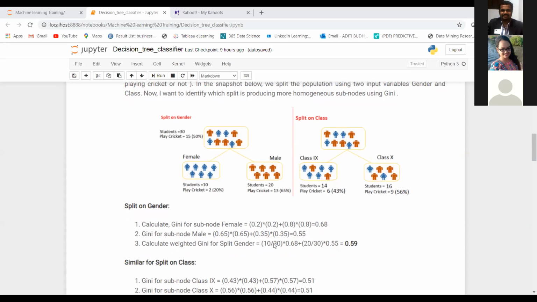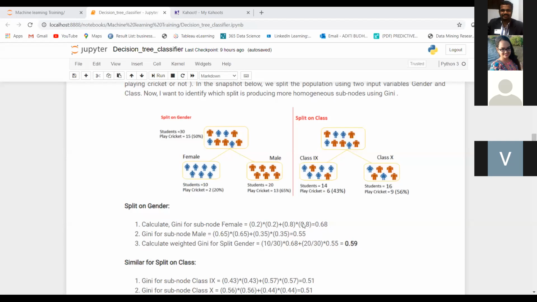So you take 10 divided by 30 times 0.68 for the females.